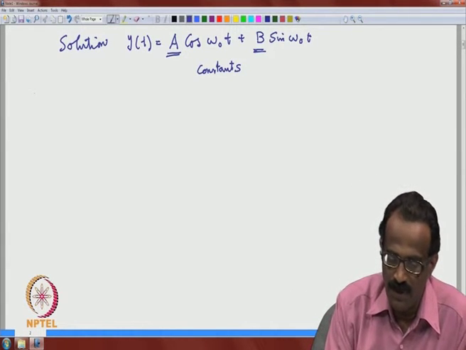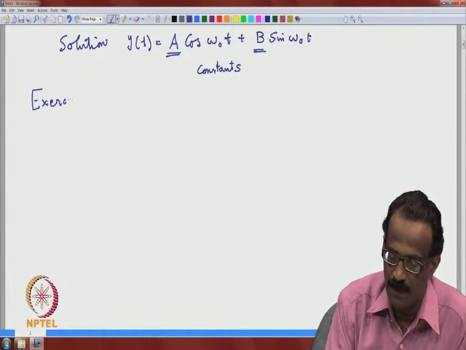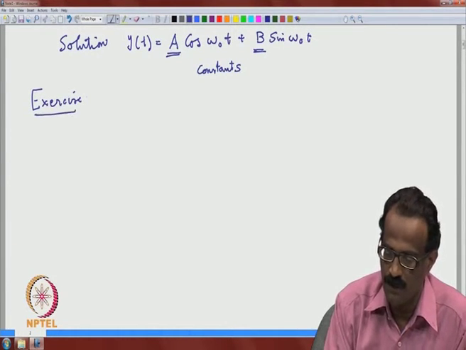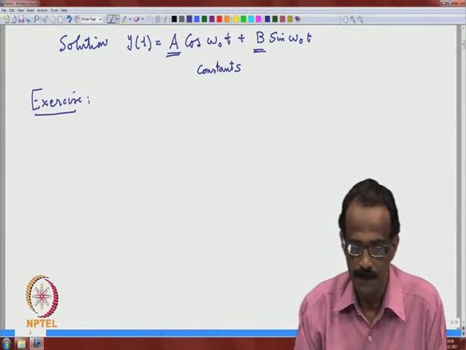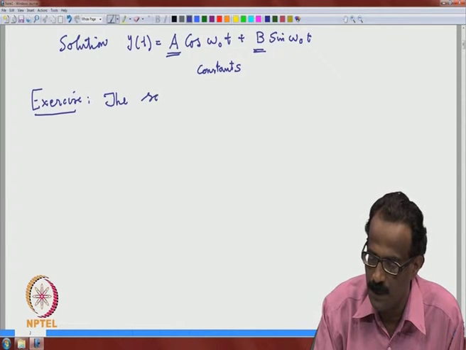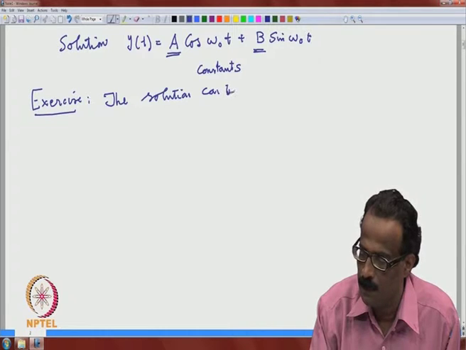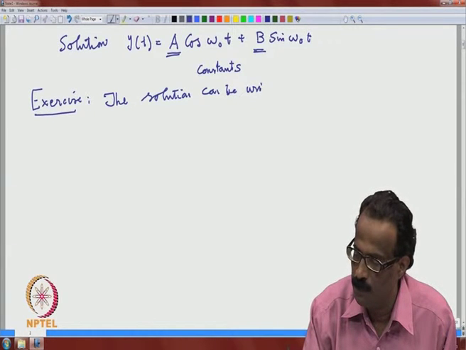I want to give you an exercise here; this has nothing to do with the PDE. I will keep on giving exercises, and you should do all of them when you learn this course. The solution can be written in another form.